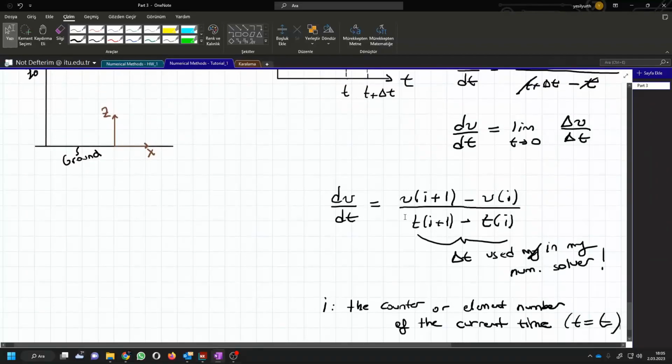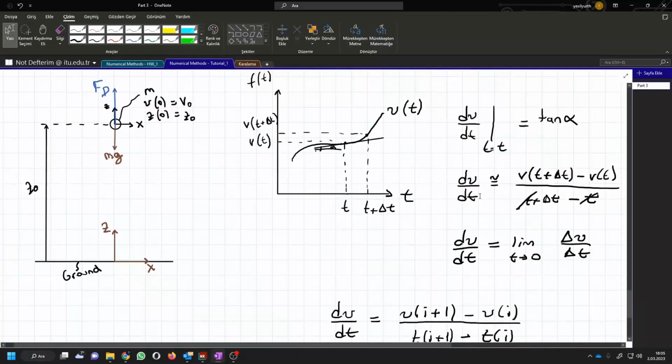So what does this equation say to me? I am using the current values to estimate the derivative of the function using the forward values.